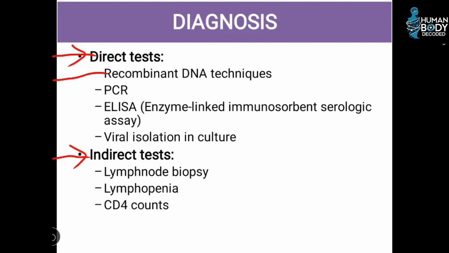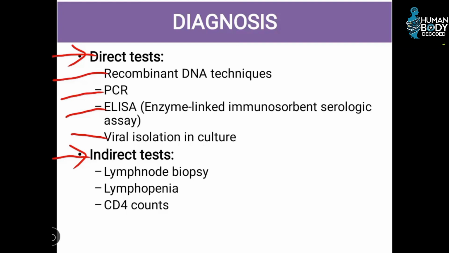Using recombinant DNA techniques, we detect HIV. The second is PCR, polymerase chain reaction. The third is the ELISA test, enzyme-linked immunosorbent assay. And the fourth is viral isolation in culture. These four tests are in the direct tests.